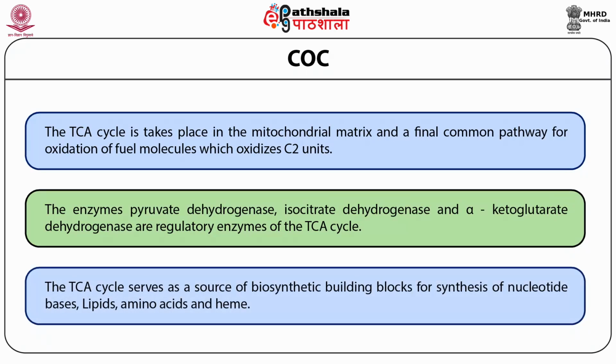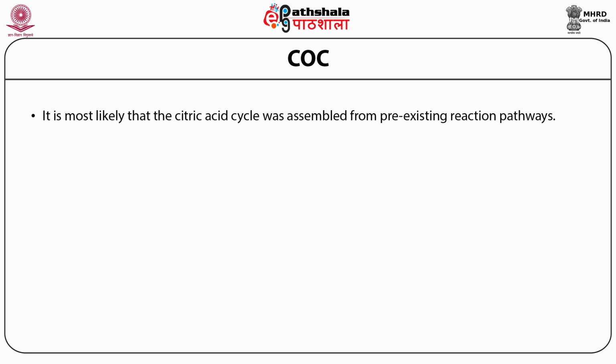The TCA cycle serves as a source of biosynthetic building blocks for the synthesis of nucleotide bases, lipids, amino acids, and hemes. It is most likely that the citric acid cycle was assembled from pre-existing reaction pathways.